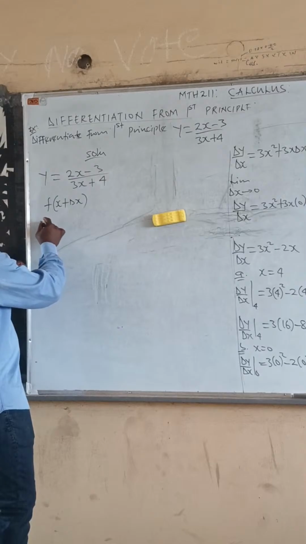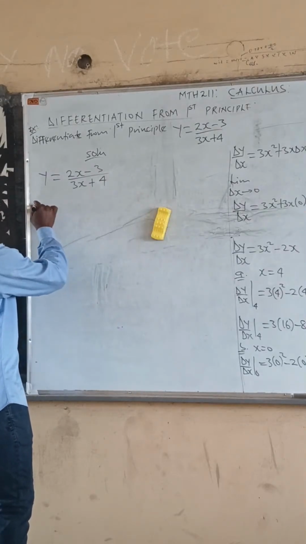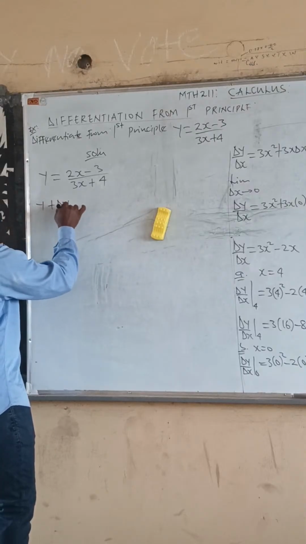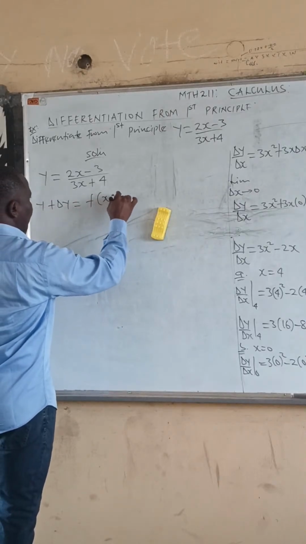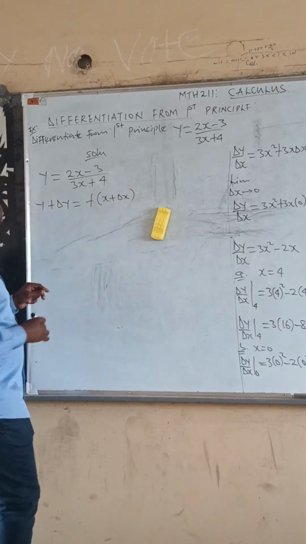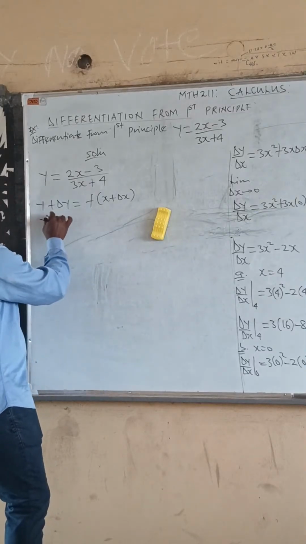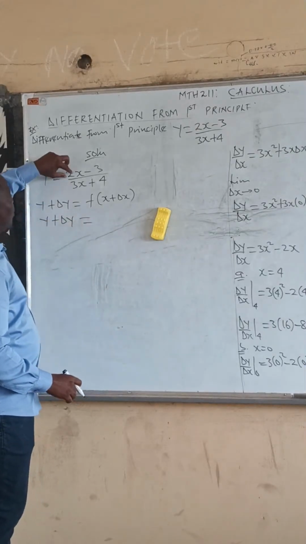True of us, to apply the formula, y plus dy is equals to f of x plus dx. So y plus dy is equals to, what is here?